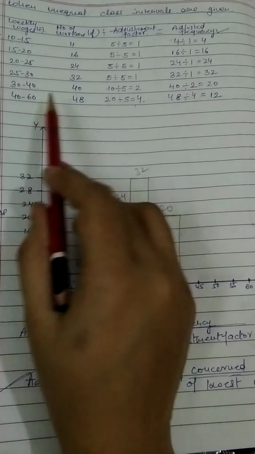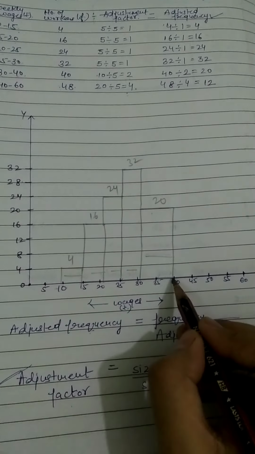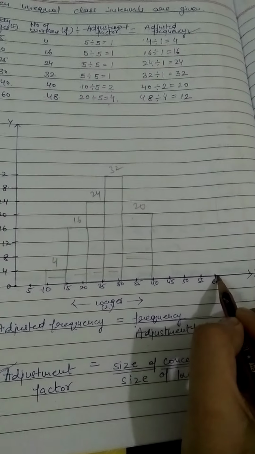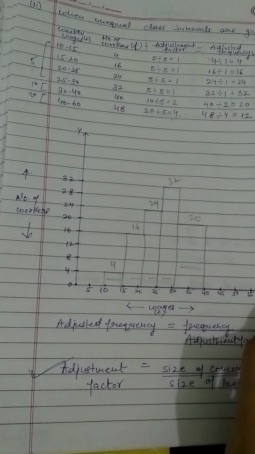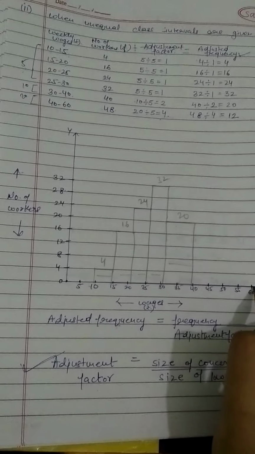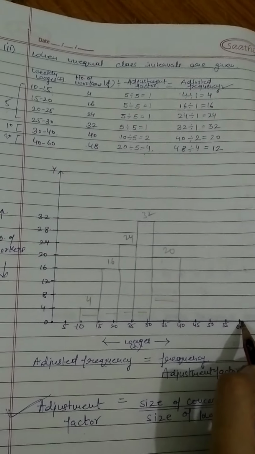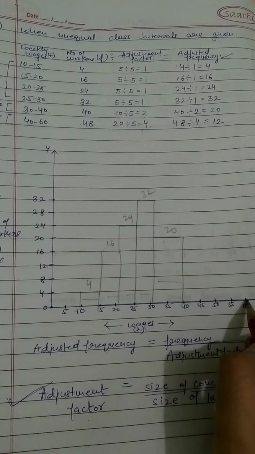Then last is 40 to 60, adjusted frequency is 12. This is the class interval of 20. So from 40 to 60 we will plot 12.